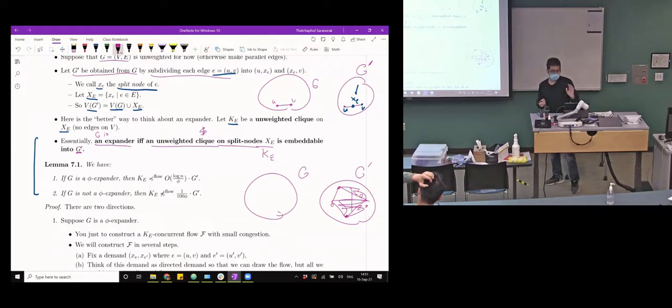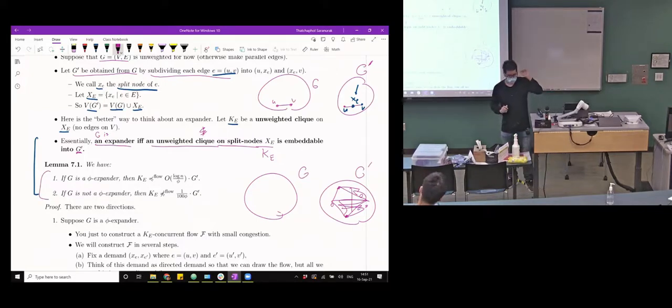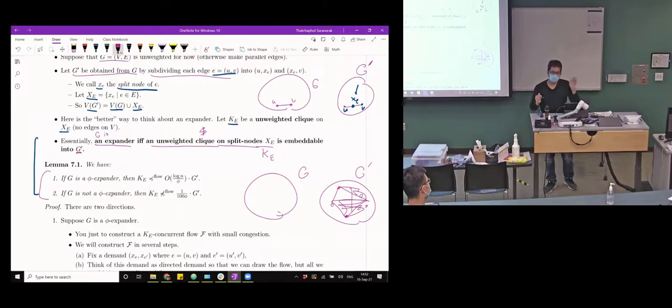You don't need to read this yet, but the thing is that when you have a large conductance, what it really means is that every edge is well connected. Think of an edge as a vertex itself, and between every pair of edges you can send all-to-all flow. So these split nodes are standing for the edges, basically. Think of a split node as an edge.